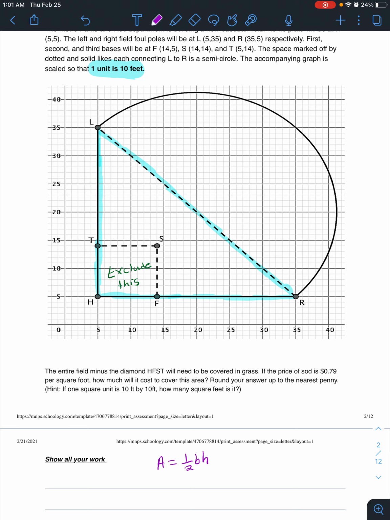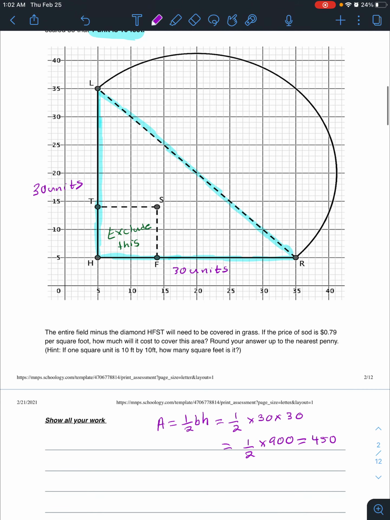So what a lot of students did, they looked at HR and they were like, okay, cool, that's 30 units. And then they looked at HL and that was 30 units. So what a lot of people did is 1/2 times 30 times 30 equals 1/2 times 900, which equals 450.